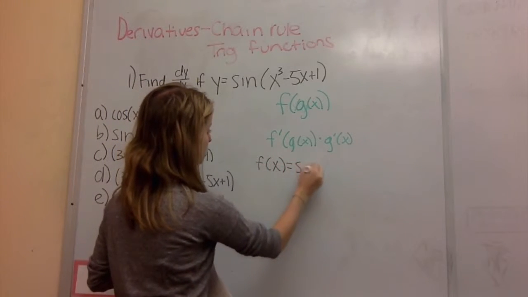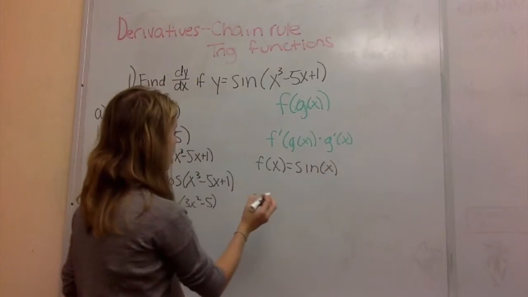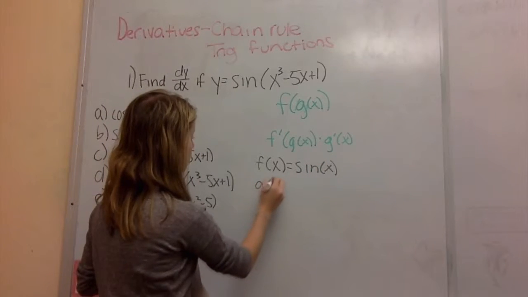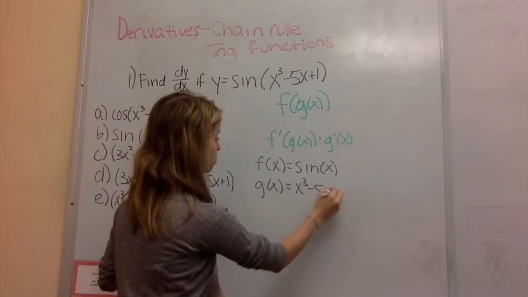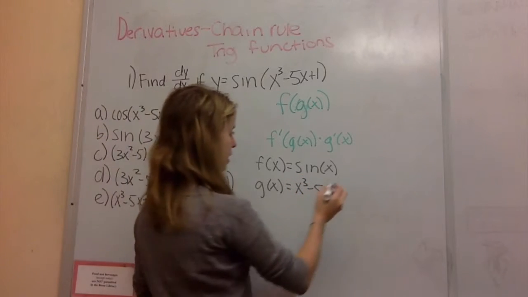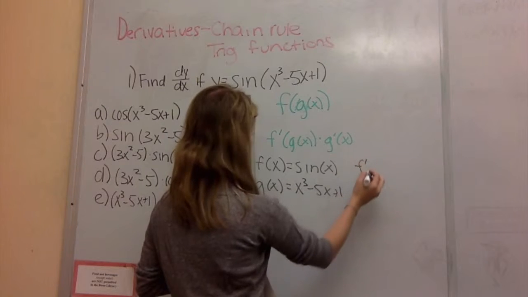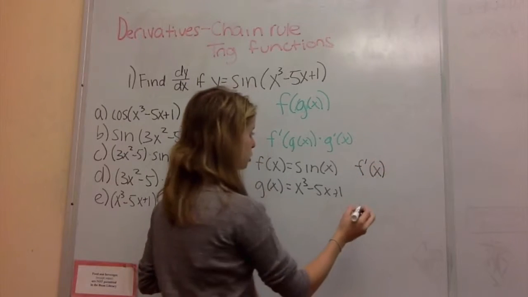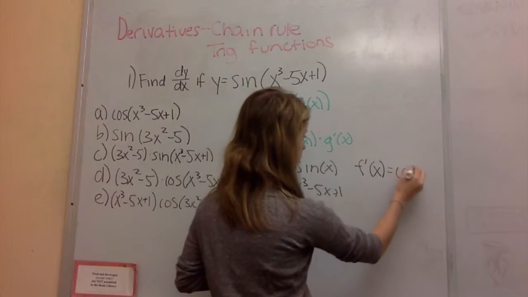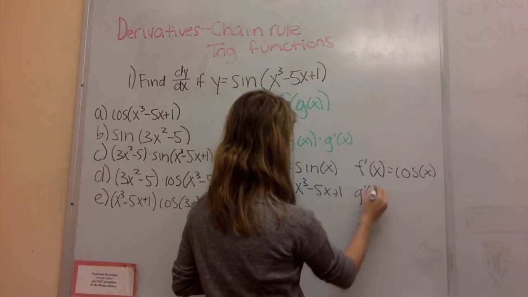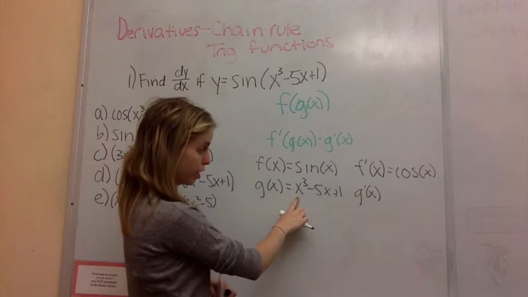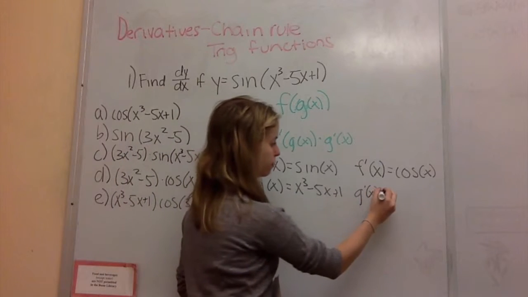So to solve this equation, f of x is going to be equal to the sine of x. That's our outside function. And g of x is going to be equal to x cubed minus 5x plus 1. And then f prime of x, as we saw earlier, is going to be cosine of x. And then g prime of x is going to be 3x squared minus 5.